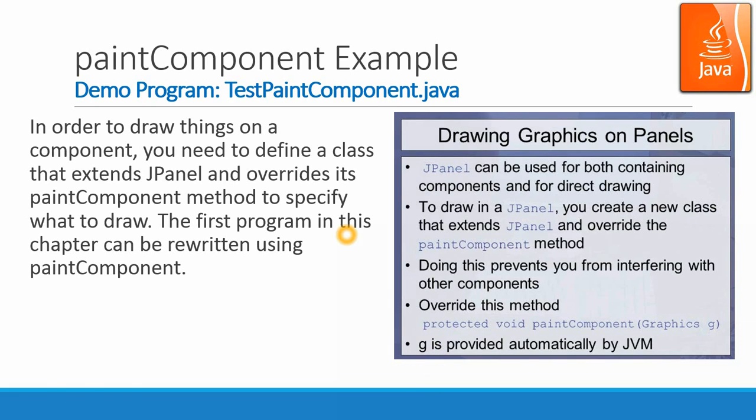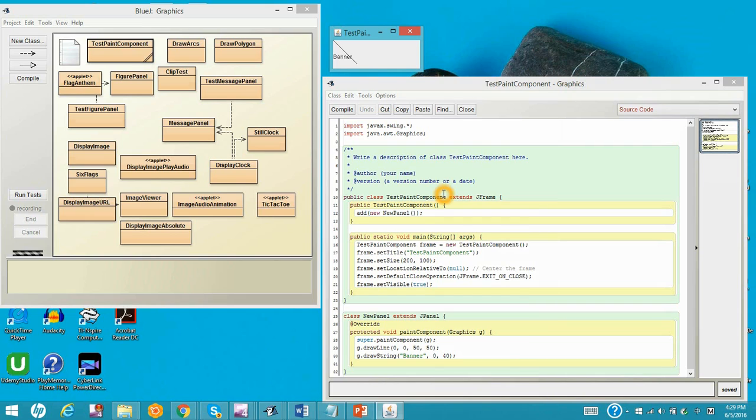Let's look at the program. This TestPaintComponent is right here. Basically, it's a class that extends JFrame, so it's a frame. Inside the frame, we create one TestPaintComponent. Inside the main method, we create this frame, and in the constructor, we add one new panel, which is the JPanel.